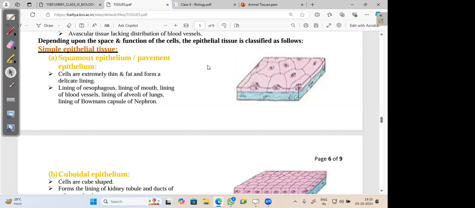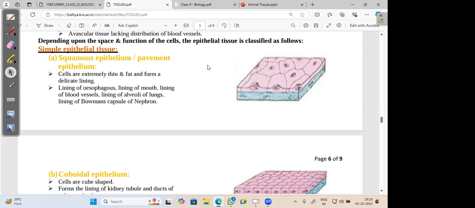Sharwan, what are the types of blood vessels that we have? I don't know, sir.